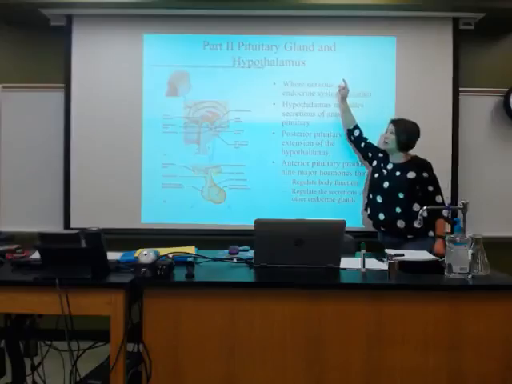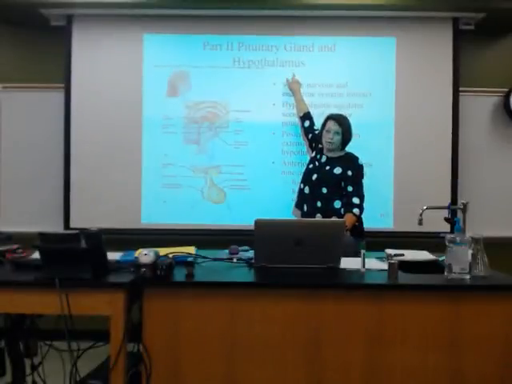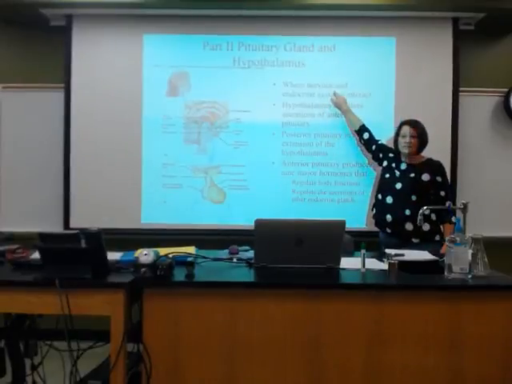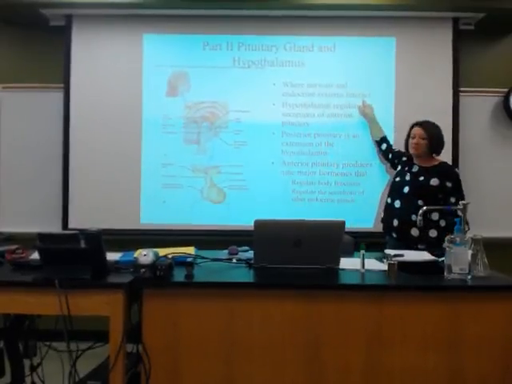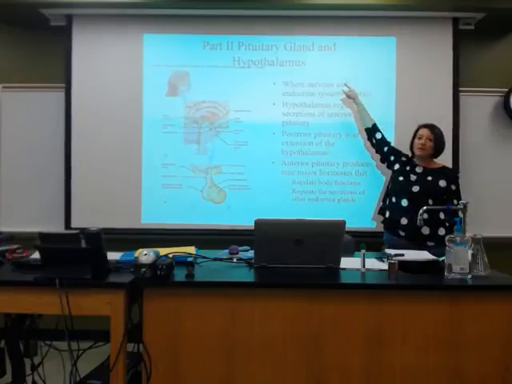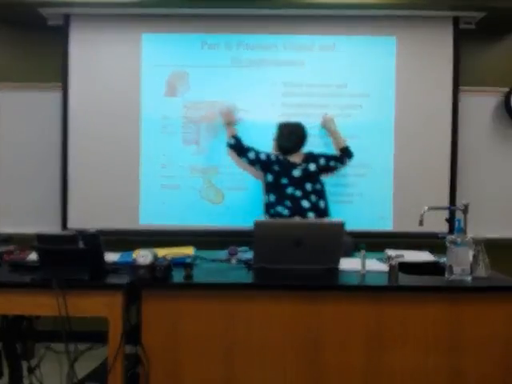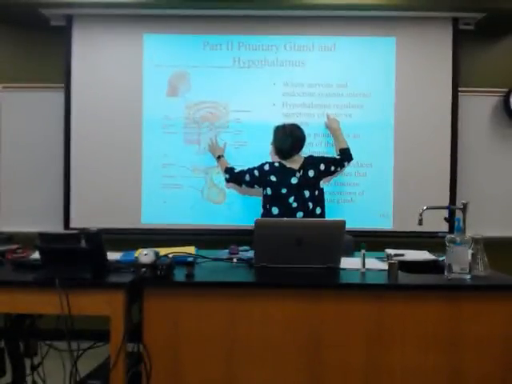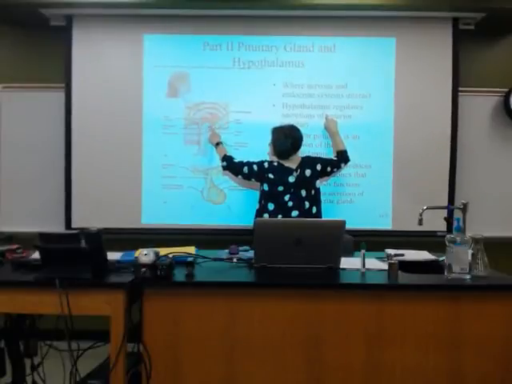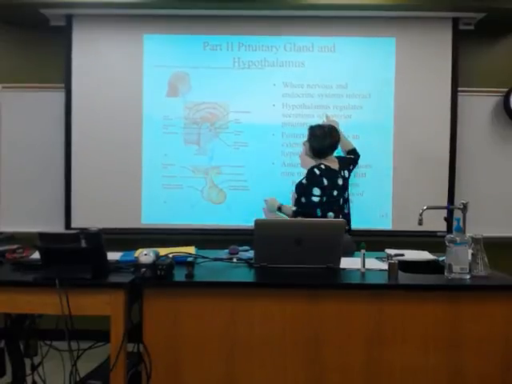At the area here, between this gland of the endocrine system and this part of the brain, this is where the nervous system and the endocrine system connect. So at this point, we have the connection between the brain and this gland. The hypothalamus. If we come over here and look at this area, they're trying to give us a generalized idea of where the hypothalamus is.